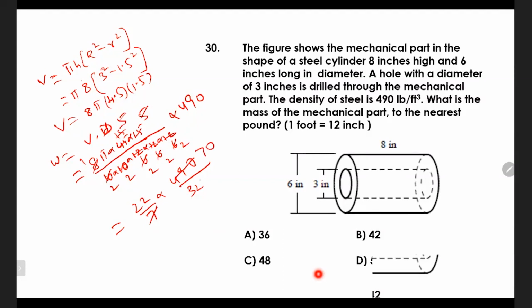7 cancels 70 times, 2 cancels 16 times. So 2 cancels, this is 8 times and this is 11. So this is 35 into 11 by 8. So 35 into 11 by 8. So this is 1 point. You're getting 30, means 8 fours approximately.